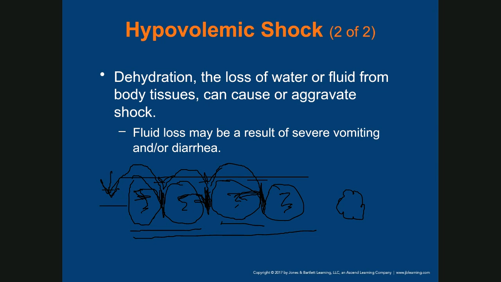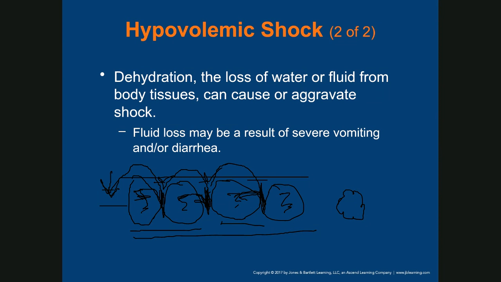So again, if the fluid in the intravascular space is lost through severe vomiting or diarrhea, that's the plasma. Plasma is a part of the blood volume. If less blood is going to the heart, less blood is being pumped out of the heart. So there's a fluid deficit. So the body tries to compensate for that fluid deficit by shifting the fluid that is between the cells into the intravascular space.